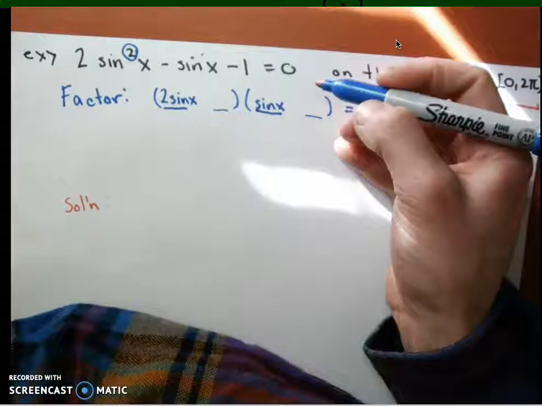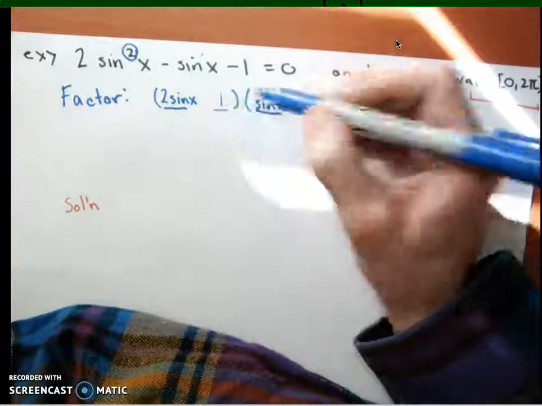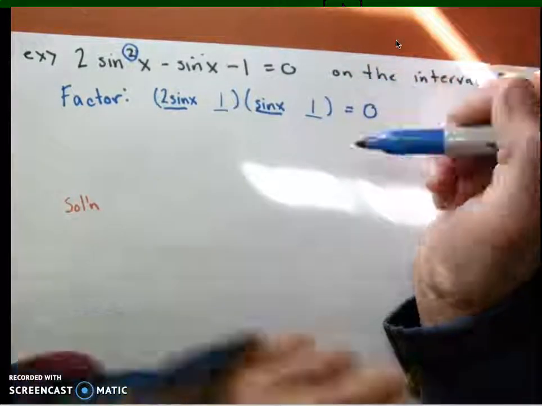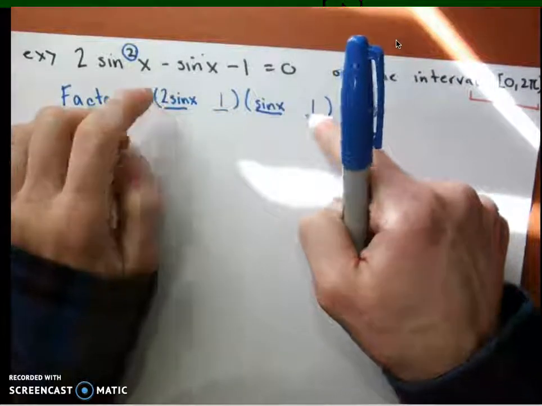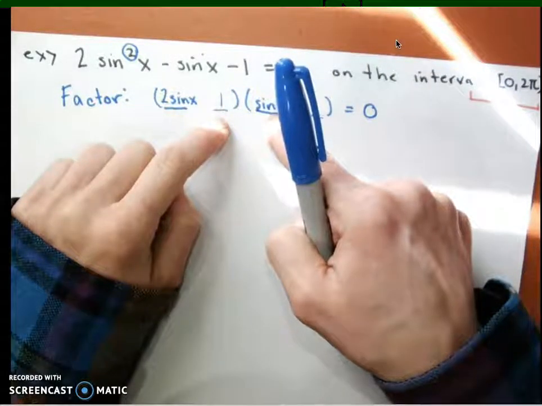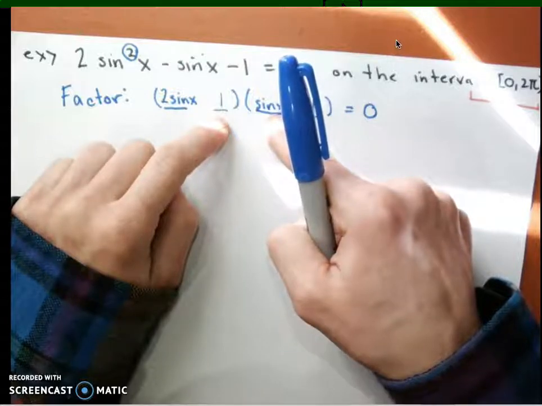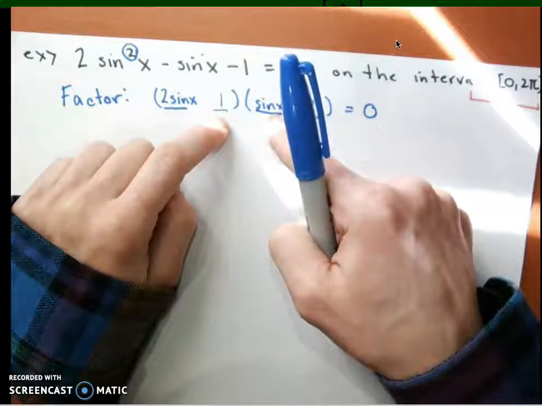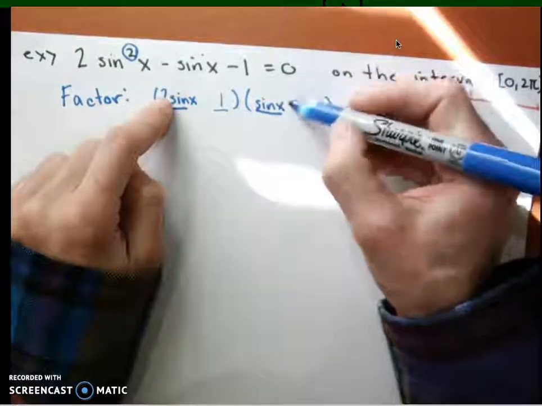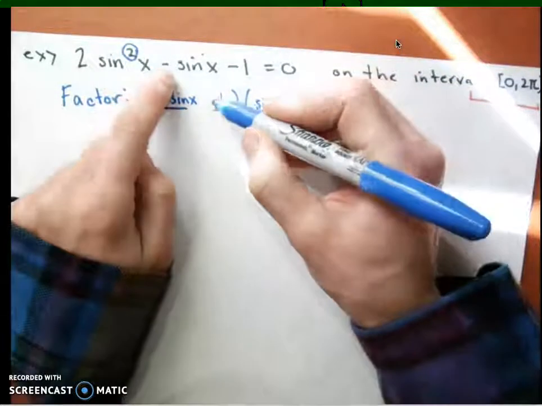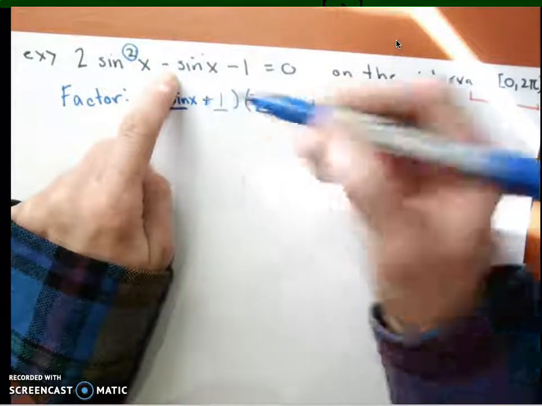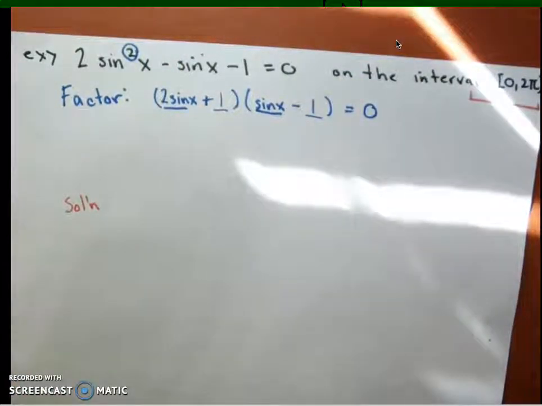So I know it's going to have to be a 1 and a 1. When I do the outer, this is going to give me 2 sine x. When I do the inner, that gives me sine x. When I add 2 sine x to sine x, that gives me 3 sine x, unless I make this a minus, which would give me negative 2 sine x plus sine x, which gives me the minus sine x that I'm looking for in the middle here.